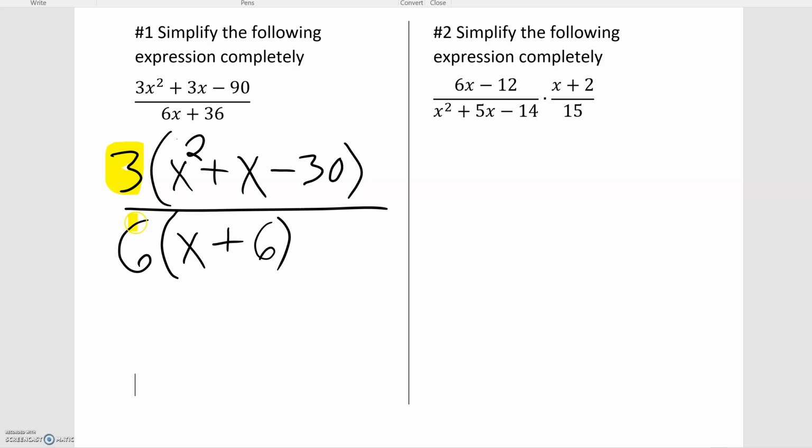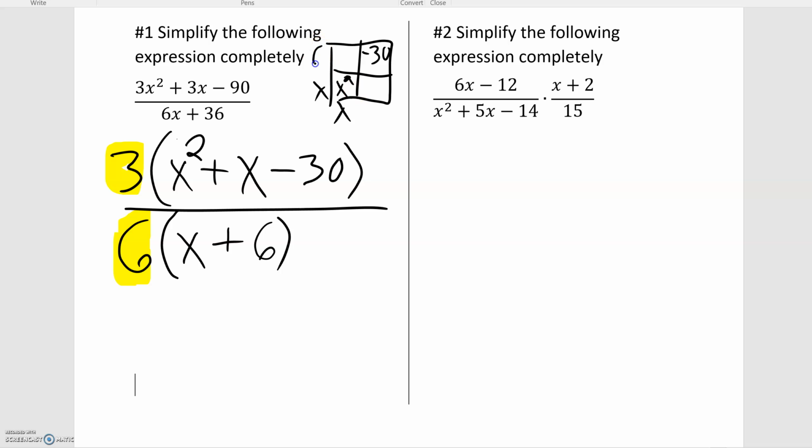So I started by looking at both these expressions, the top and the bottom, and seeing if there was a greatest common factor, which there was. Now I'm going to factor this numerator. I've got a trinomial, x squared plus x minus 30. So I bet I could factor that numerator. So x squared, negative 30, x and x. Let's see here.